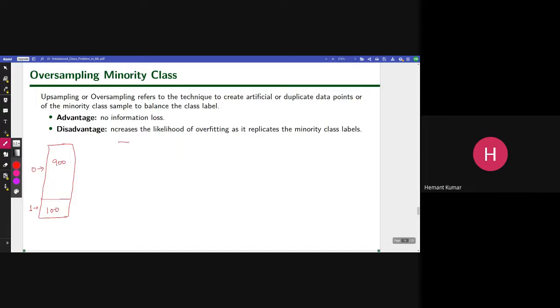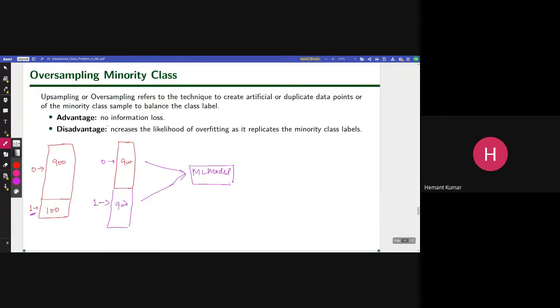So it is 900 for class 0 and 900 for class 1. These two data sets are passed into an ML model. Minority class means class 1 here.